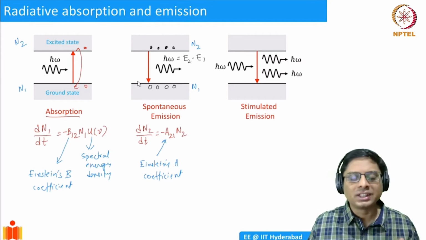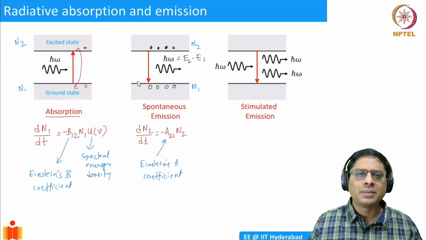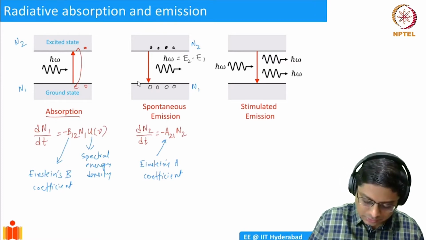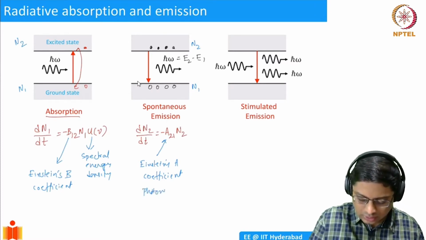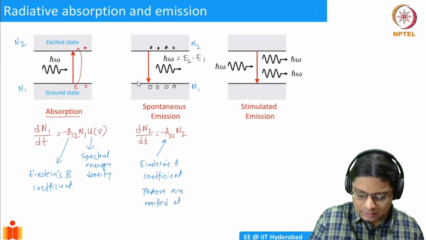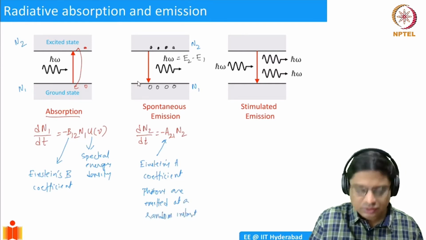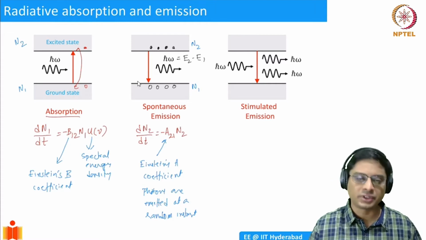Spontaneous emission means the photons are emitted at some instant, at a random instant. There is no way of predicting that. So it's a spontaneous emission process.